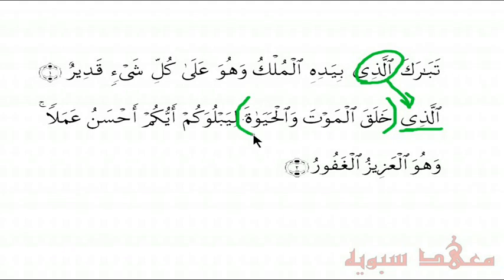It's khalaqa al-mawta wal-hayah. This is actually a jumla fi'liya. We have the verb, and the fa'il is huwa, which goes back to Allah subhanahu wa ta'ala, and we have al-mawta, which is maf'ul bihi, and then harf atf followed by the ma'tuf, al-hayah, maf'ul bihi.